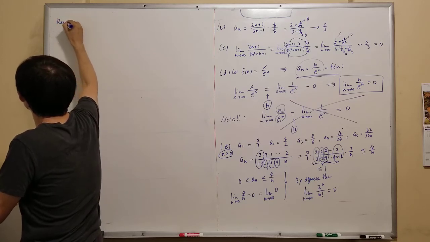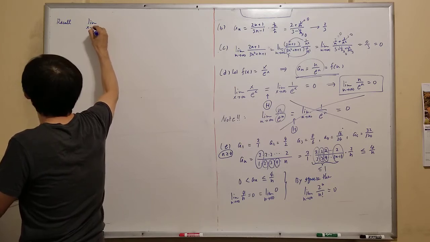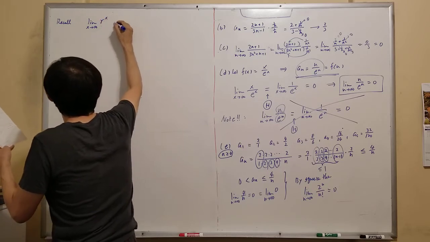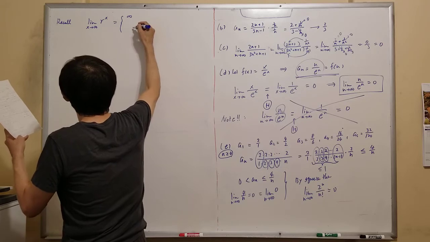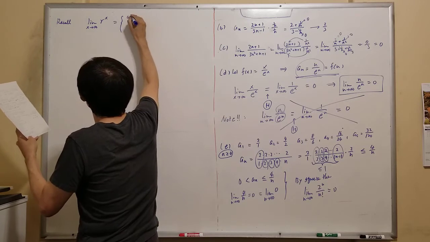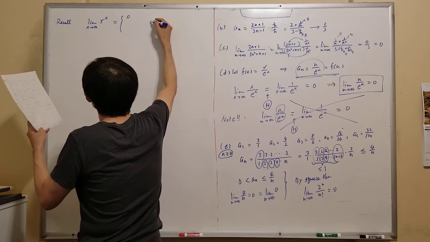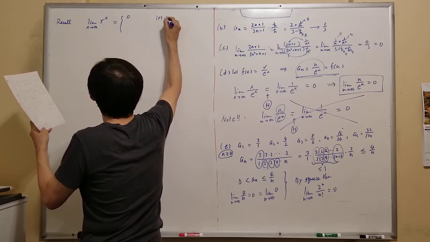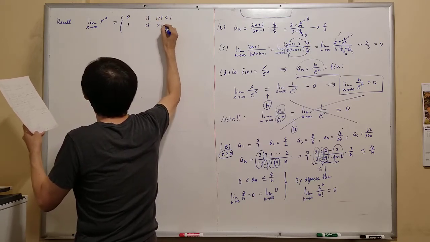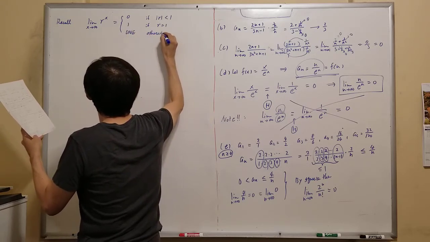Recall that the limit as x goes to infinity of r to the x is infinity if r is greater than 1, 0 if the absolute value of r is less than 1, and does not exist otherwise, and if r equals 1 the limit is 1. Right?